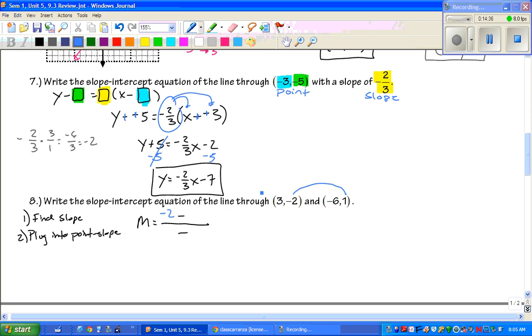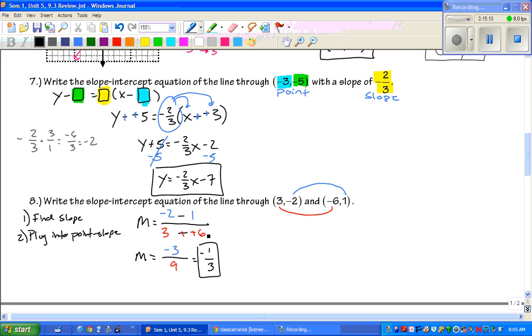Remember, the y's go on top, and the x's go on the bottom. Negative 2 minus 1 gives us negative 3. And 3 plus 6 gives us 9. And that slope reduces to negative 1/3. That's the first thing that we need.